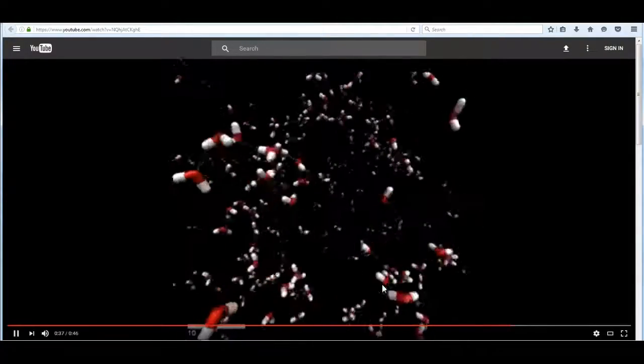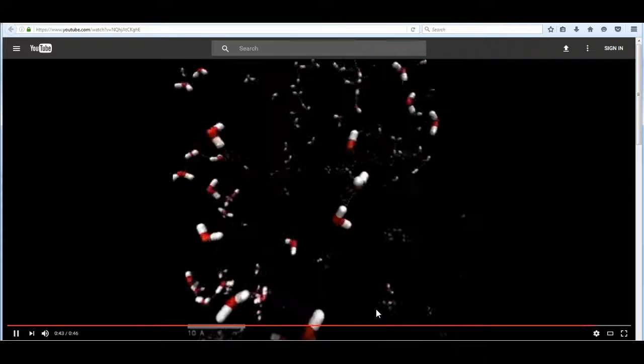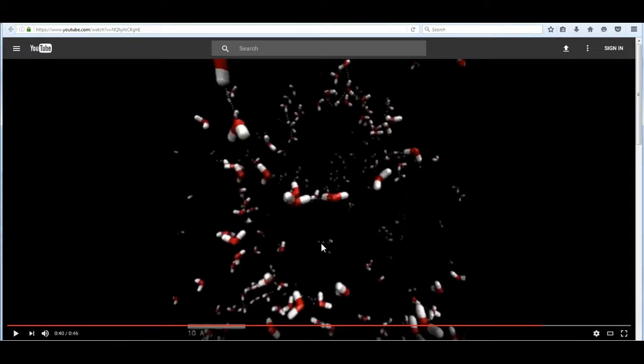Well, here we go. Now they're melting. What we see is that the molecules don't move any faster. They simply move farther apart. So by moving farther apart, we increase their potential energy, just like a ball getting higher off the ground.